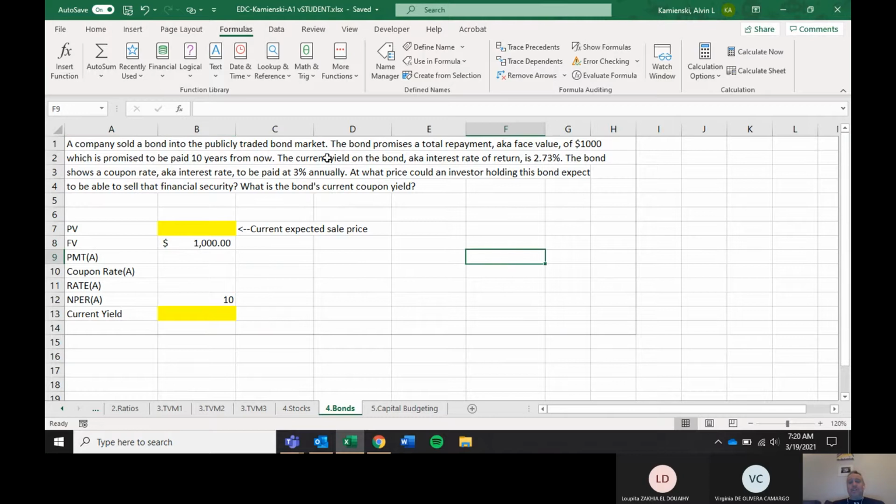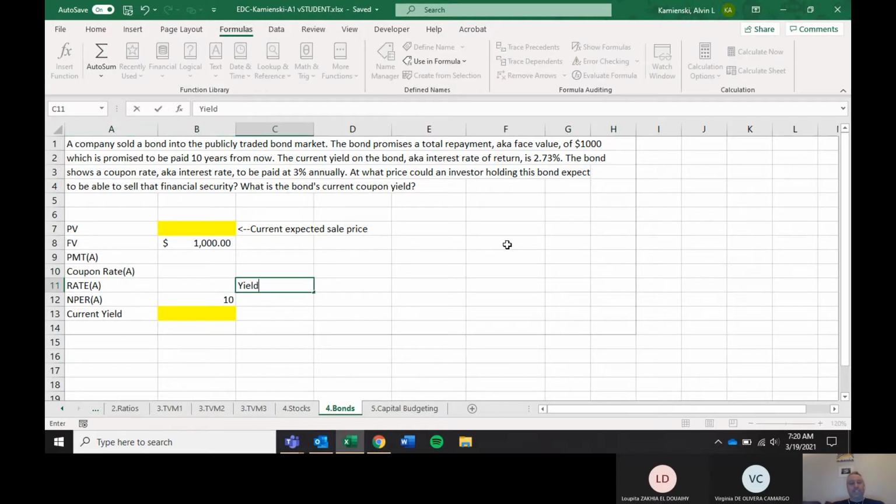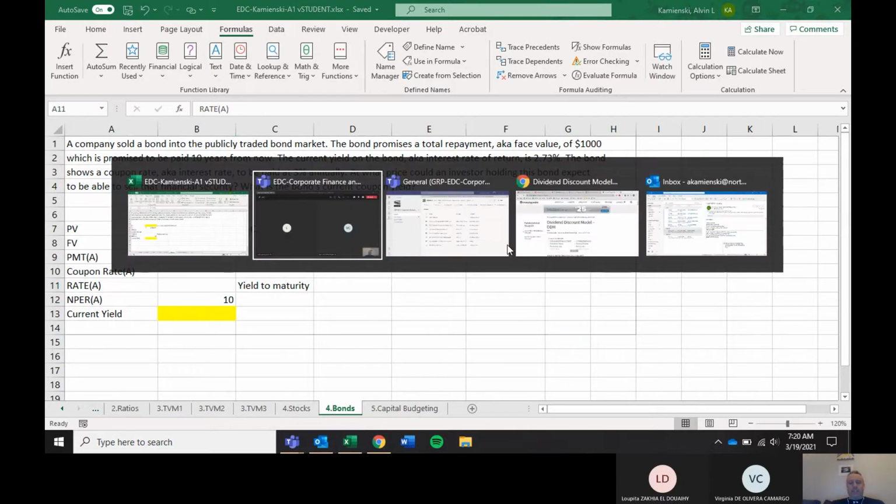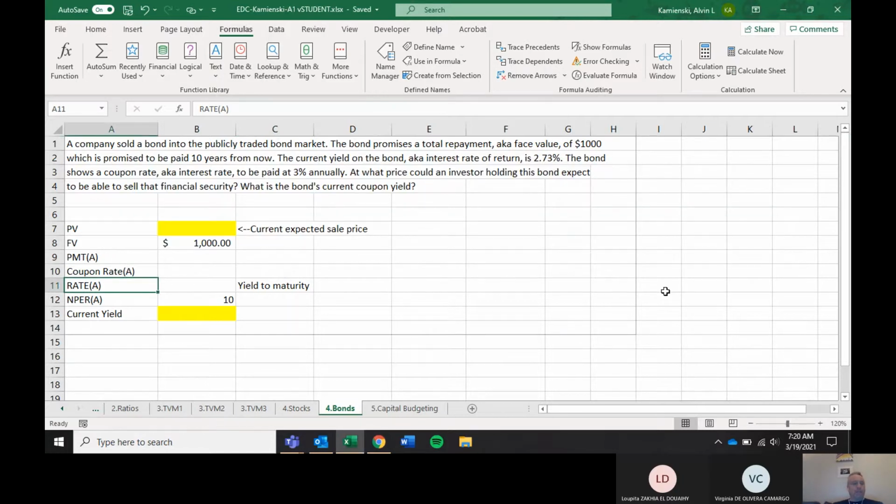Now, the current yield on that bond, aka the interest rate, is 2.73%. All right, that is special terminology that you might like to look up called yield to maturity. Yield to maturity is going to be how we determine what the appropriate rate is.